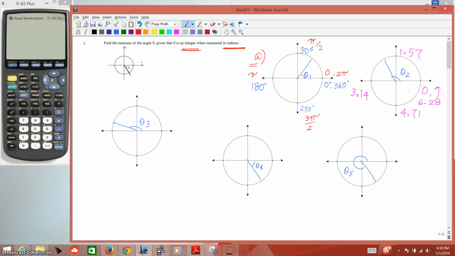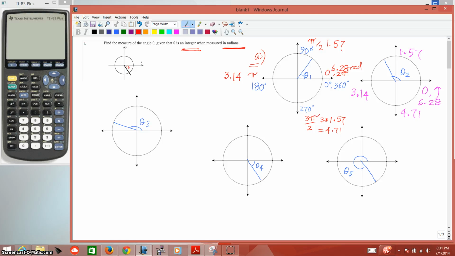So if you logically think that it has to be a radian measure and it has to be an integer, you have to relate the values in terms of real numbers. This pi comes out to be an approximate number of 3.14 radians. Halfway through will be 1.57 radians, and 3 times 1.57 will be equal to 4.71 radians, and once you complete, this one will turn out to be 6.28 radians.